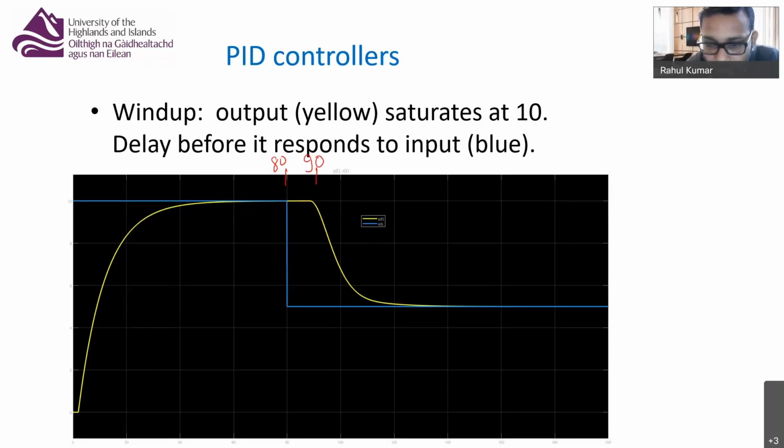Okay, so we should have some kind of a cutoff limit, or we should include or consider that extra time which our components take to respond, right, to avoid integral wind up.